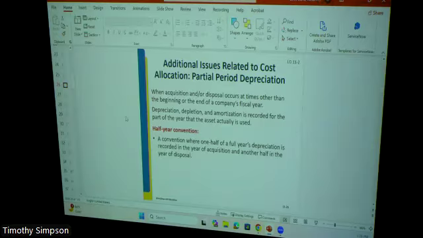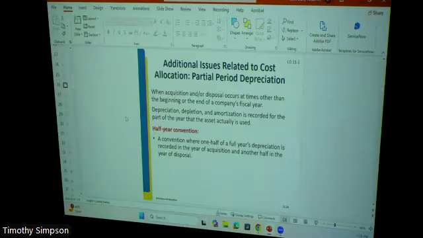In reality, obviously, these transactions happen throughout the year, and so we need to find a way to match the depreciation expense with the usage of those assets, because if the asset is placed in service and it's a depreciable asset, then we should be allocating its cost over time through depreciation expense.